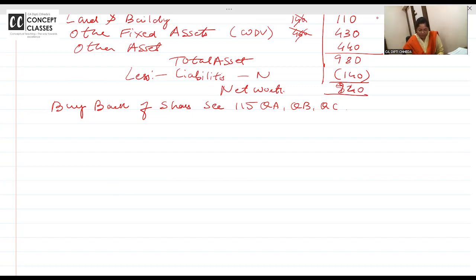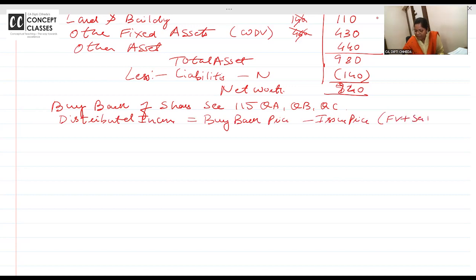Answer is no. What is the distributed income? Distributed income is equal to buyback price minus the issue price. Issue price is not face value. It is face value plus securities premium.